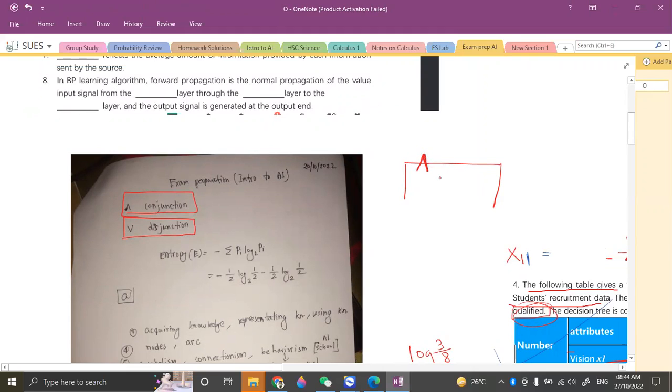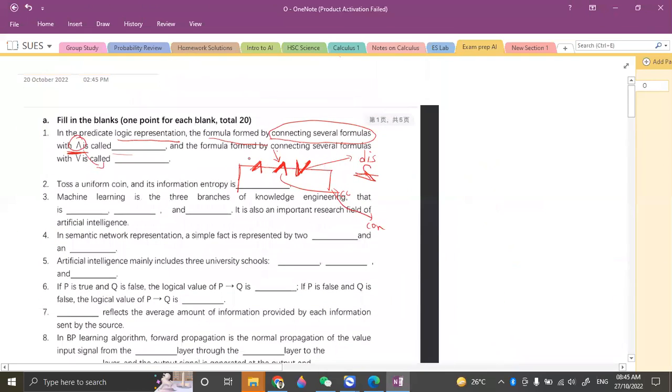If you put the clip this way, it will not fall on the ground, so it connects with the rope. So it is called conjunction. And if you put it this way, it is called disjunction because it will fall on the ground, because there is no support here. And now the second one. This sign is called conjunction, and the formula formed by connecting several formulas with this sign is called disjunction.